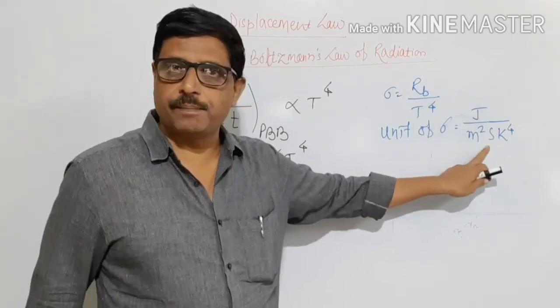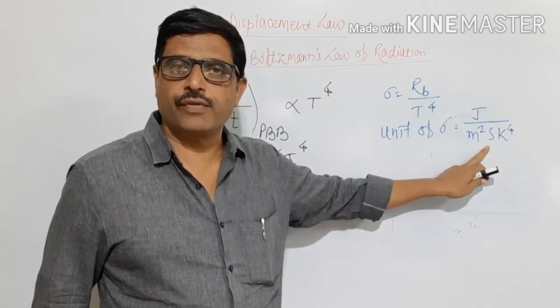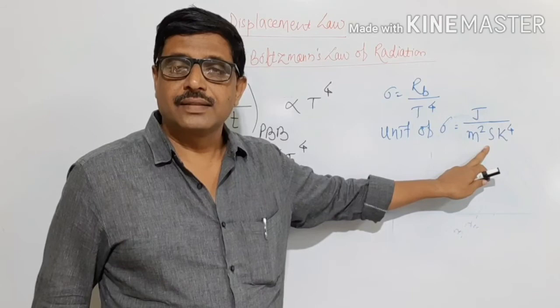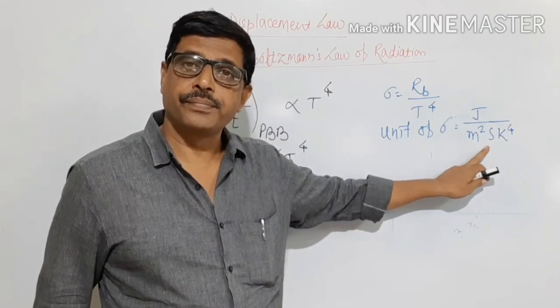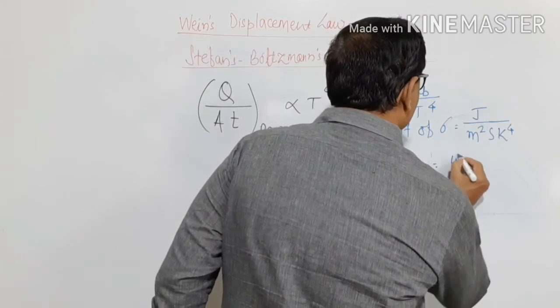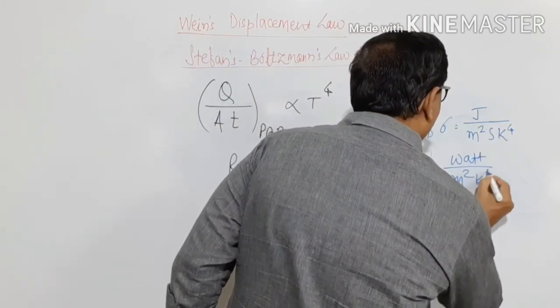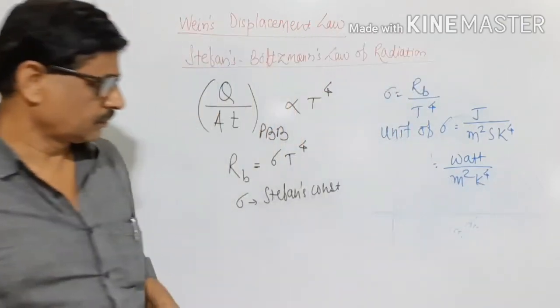Joule is the unit of work or energy, and work done per unit time is power, and therefore I will write it as watt per meter square per Kelvin to the power of 4.